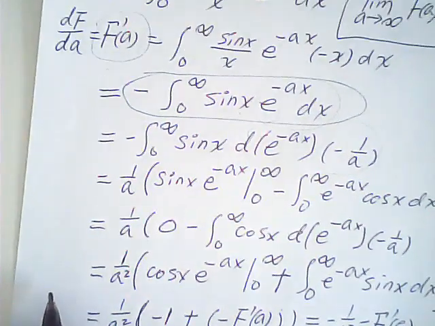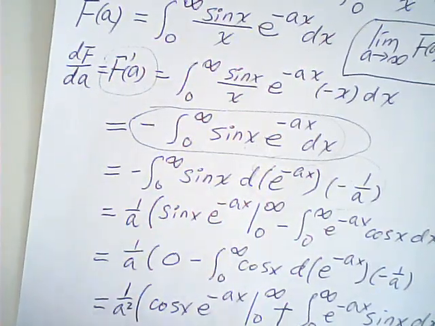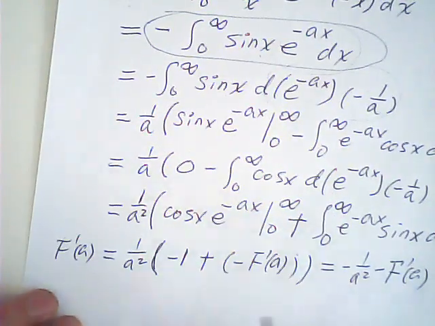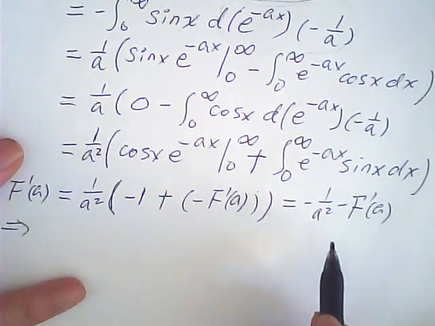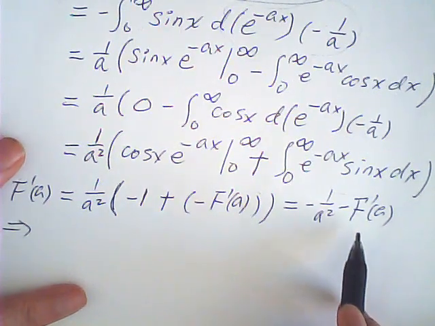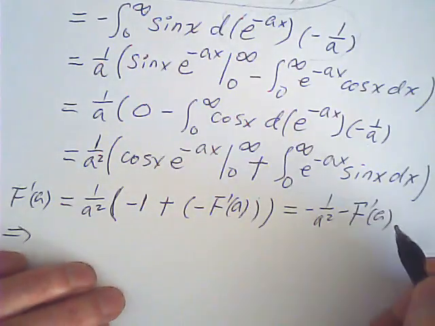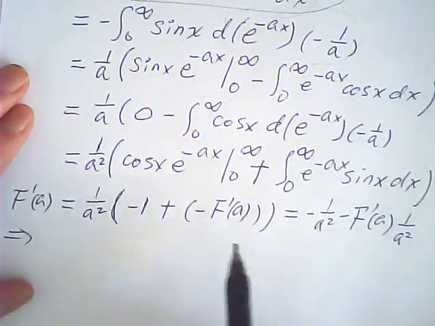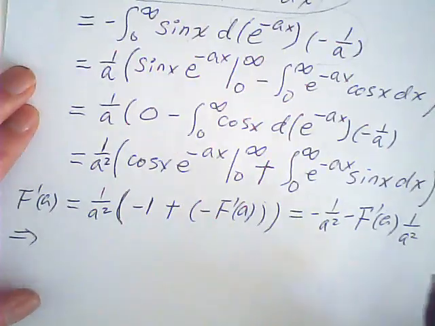What is the left-hand side? The left-hand side is also f prime of a, see, we start from there. And therefore, sorry, a squared here.